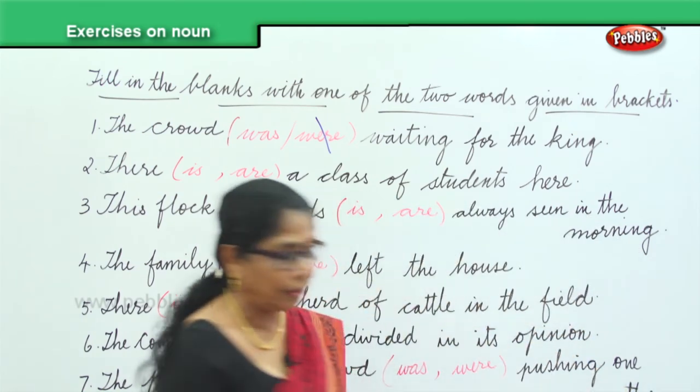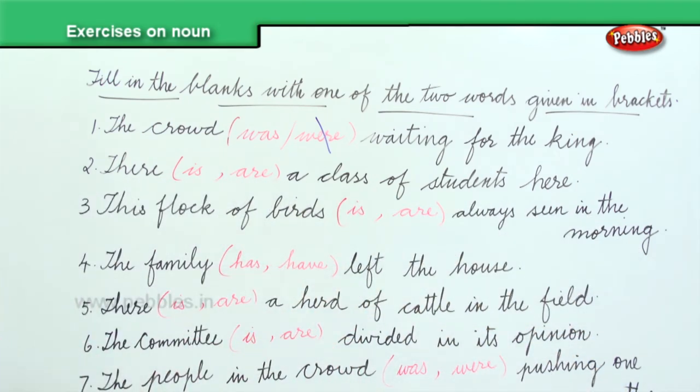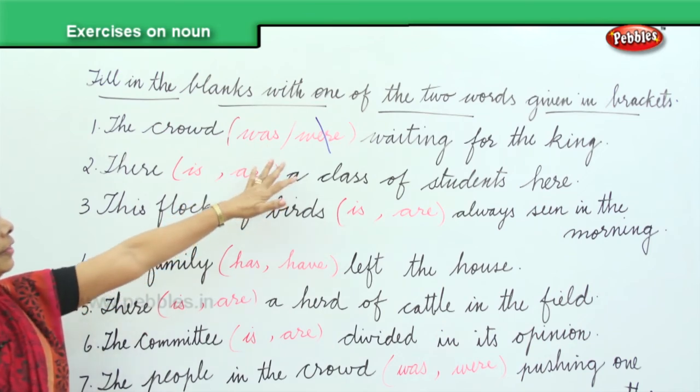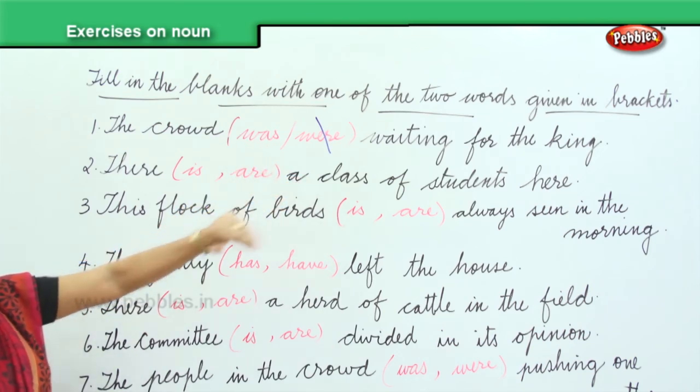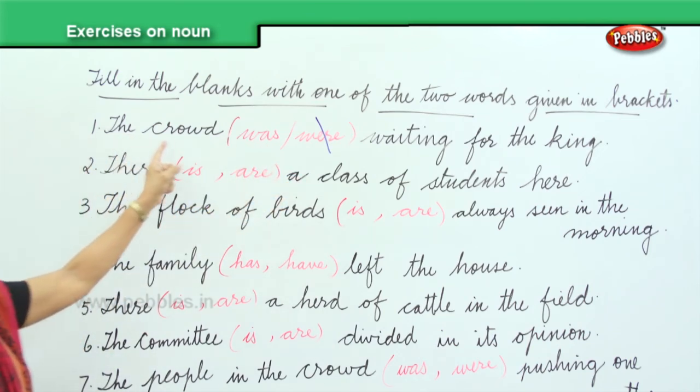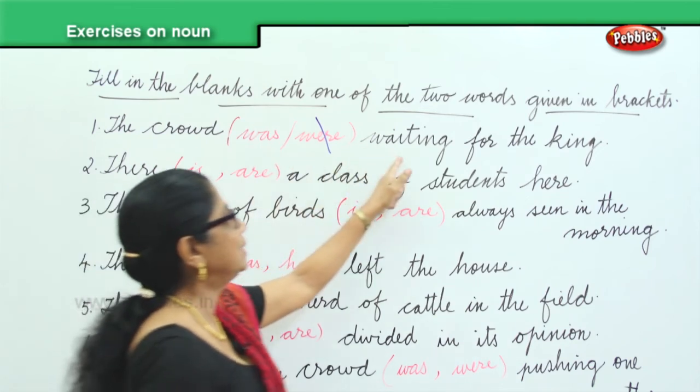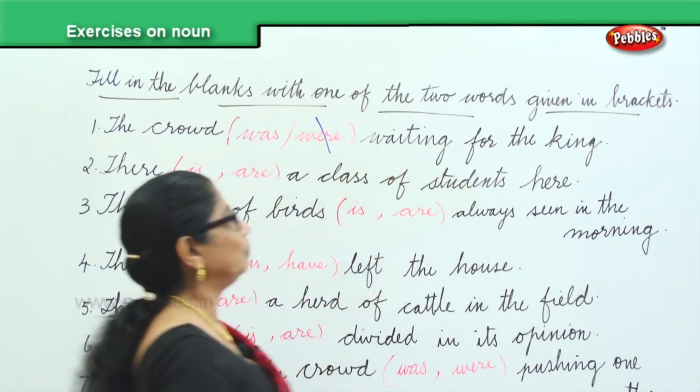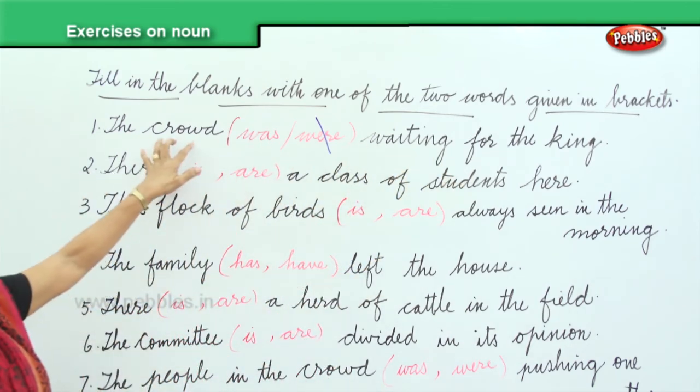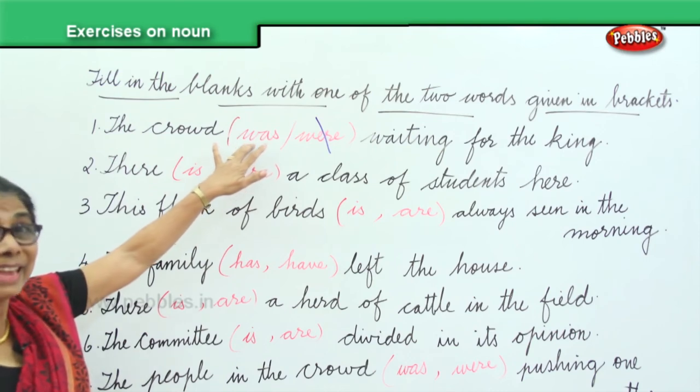Now, let's look at it carefully, what all I have done for you, and then we'll choose the correct word. Okay. Strike off, we'll take away what is not needed. The crowd was waiting for the king. Was waiting, because the crowd is a group, so use a singular verb.